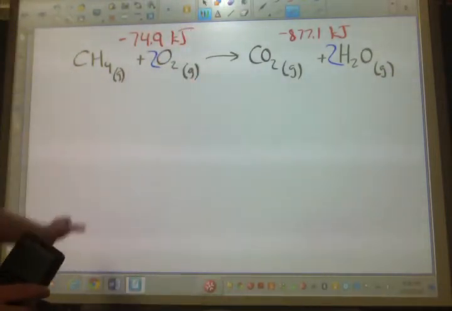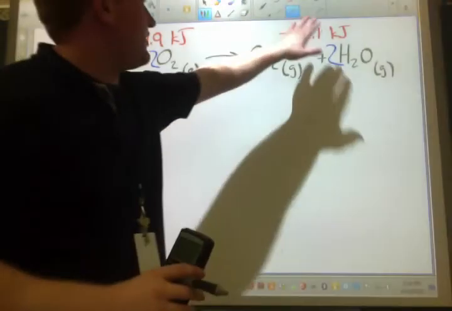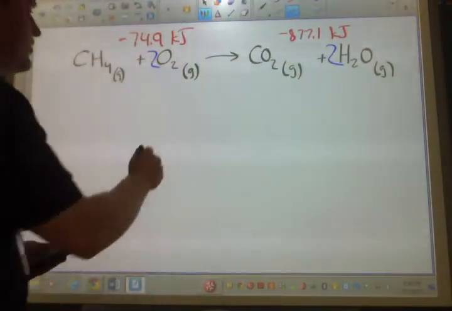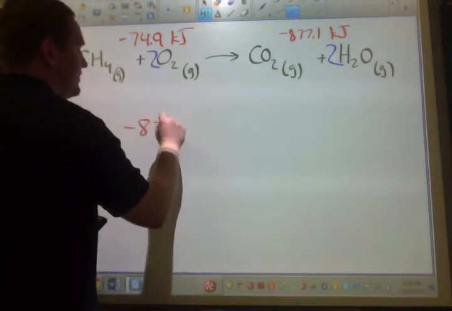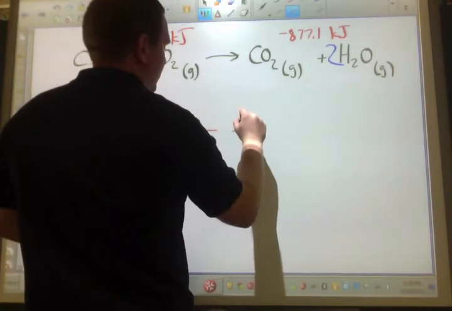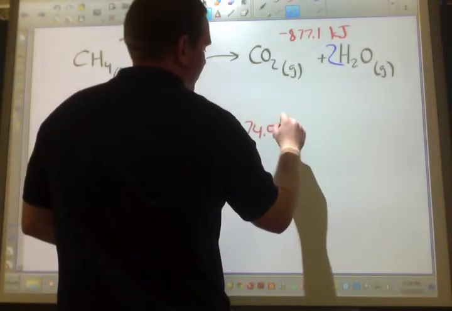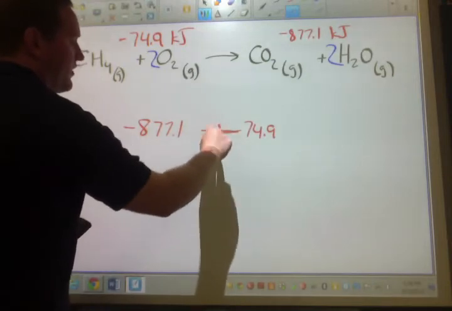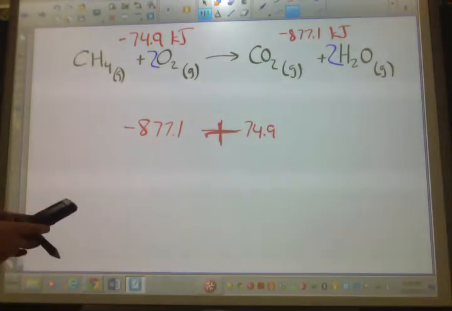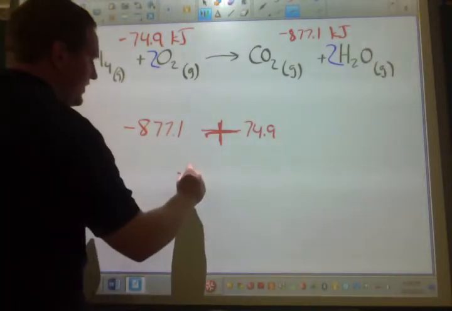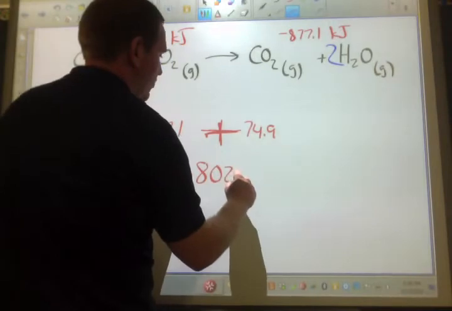The heat of this reaction is the heat of formation of the products minus the heat of formation of the reactants. So negative 877.1 kilojoules minus negative 74.9 kilojoules. Negative means plus. Negative 877.1 plus 74.9 gives me negative 802.1.